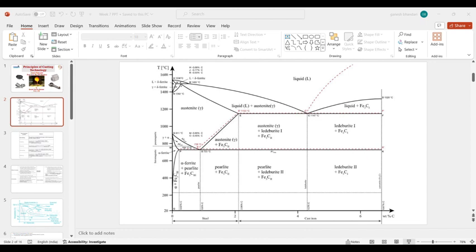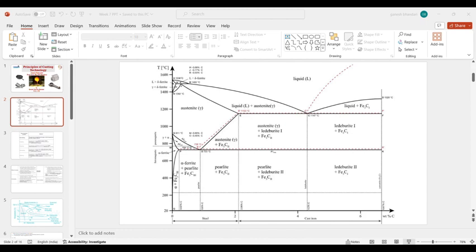When we talk about the austenite phase, generally it is a metastable phase, but we can create this austenite phase at room temperature also, because in some specific applications we need the austenite phase in our steels. When we talk about austenite, we talk about surgical blades.